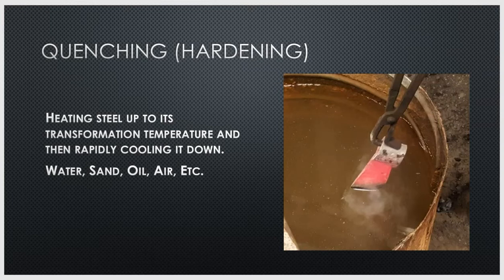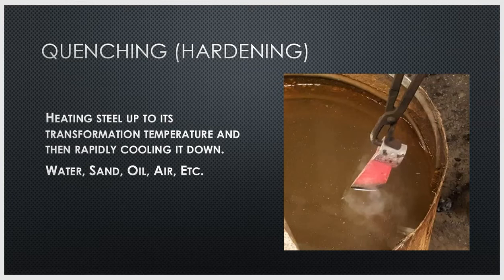It could be filled with oil, or you could be burying it in a barrel of sand, or you can be hitting it with a high stream of compressed air. Either way you do it, you're still accomplishing the same thing. You are cooling the piece of metal down very rapidly, and this is causing the steel to harden.